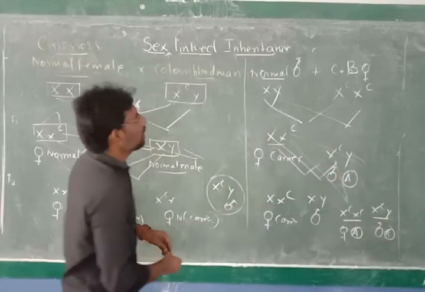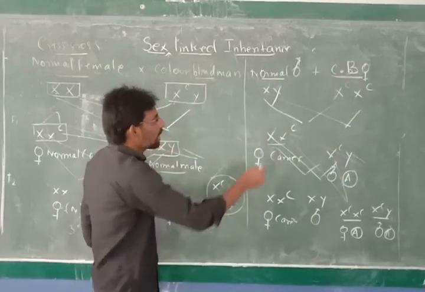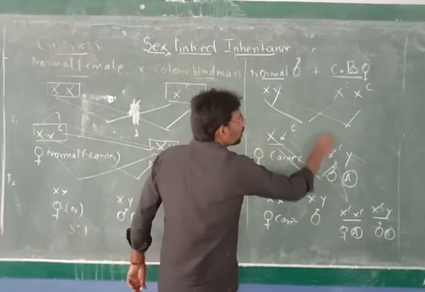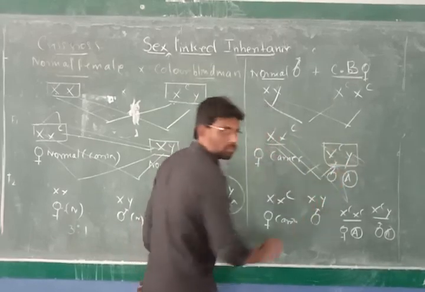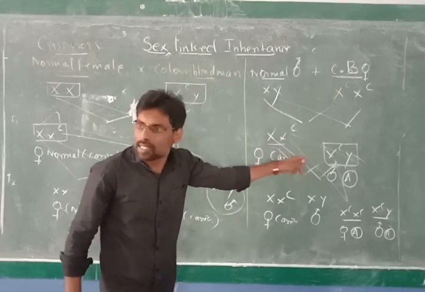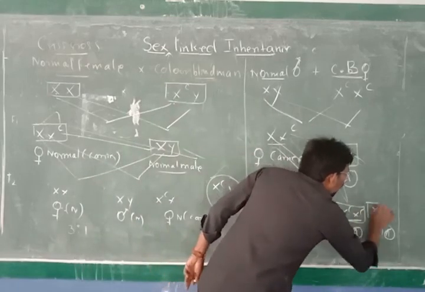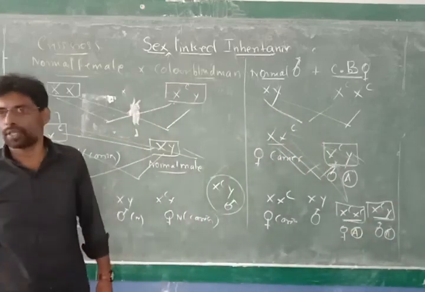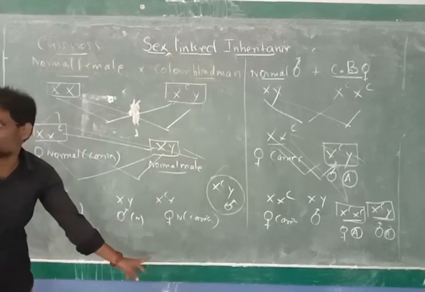See, when the female is affected and the disease is sent through, who is getting affected? The son is getting affected. Then later on, daughter and son both get affected. When the male is affected, only another male gets affected.